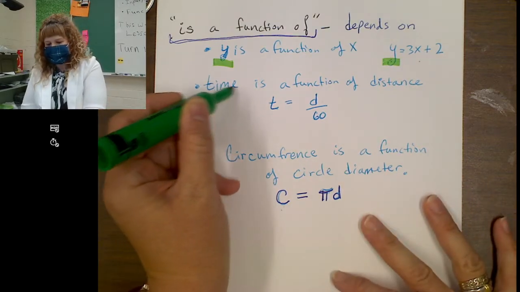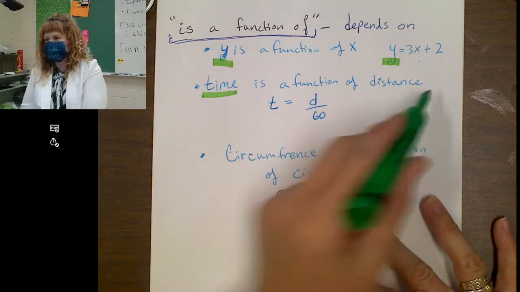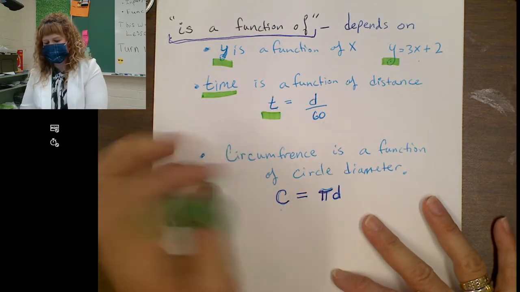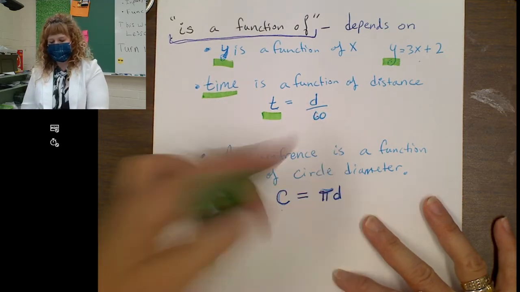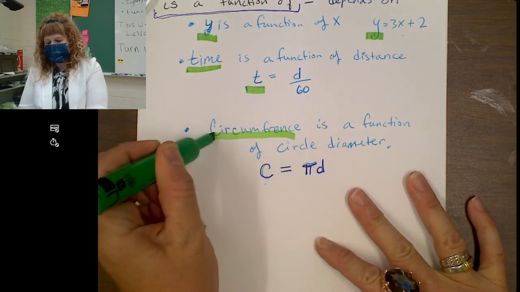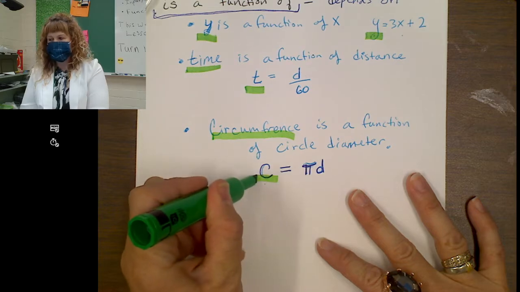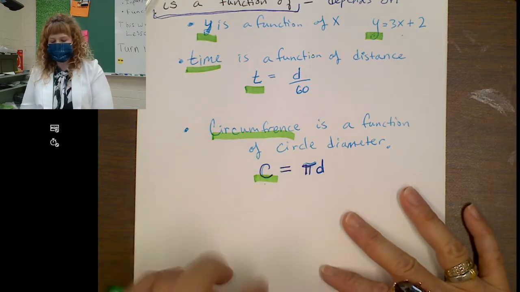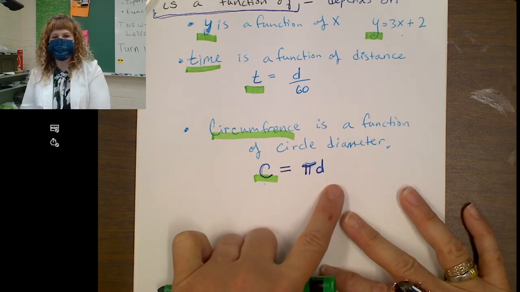Look at the next example. Time is a function of distance, so time comes first. Time depends on distance. And in the third example, circumference is a function of circle diameter. So in the equation, circumference comes first. Circumference depends on the diameter of the circle.